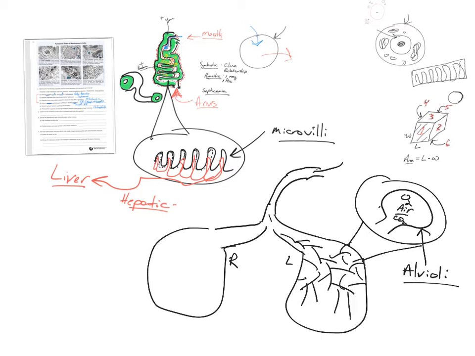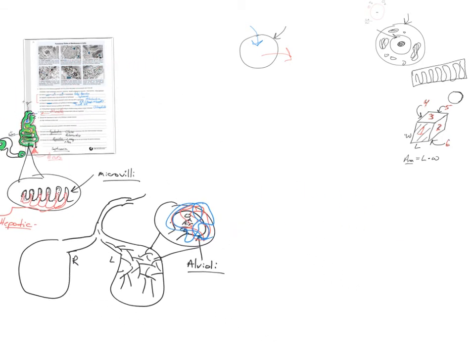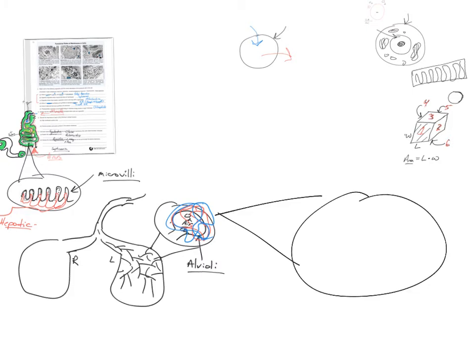Around the alveoli are these blood vessels. There are arteries and veins throughout this, and there's an artery called the pulmonary artery that surrounds here. I'm going to zoom in even closer. Right where the alveoli is, right next to it is this thing called the pulmonary artery.